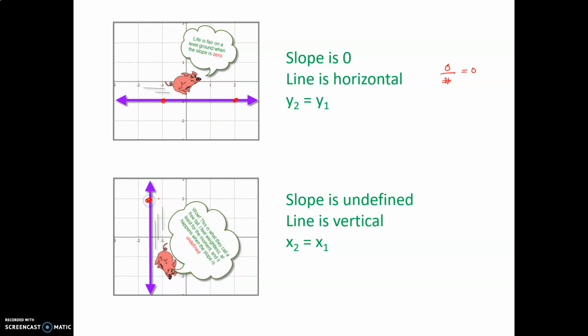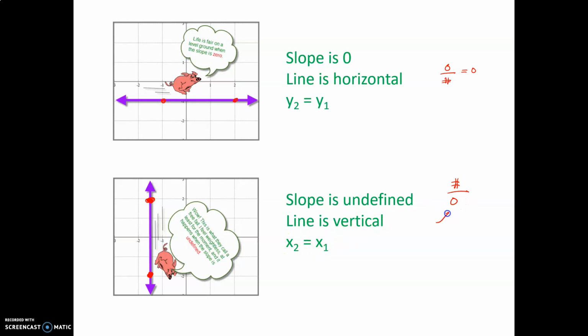If I look at this, the slope is called undefined. It is a vertical line. If I want to get from this point to this point, the change in the y is some kind of a number, but the change in the x, I don't change x's, it stays the same. So if those x's are the same, when I subtract them, I'm going to get a 0.